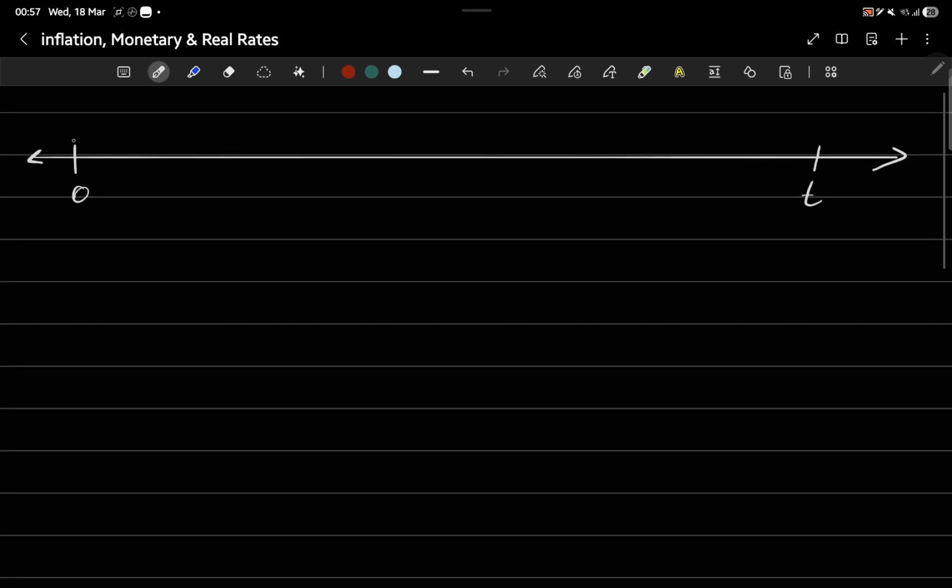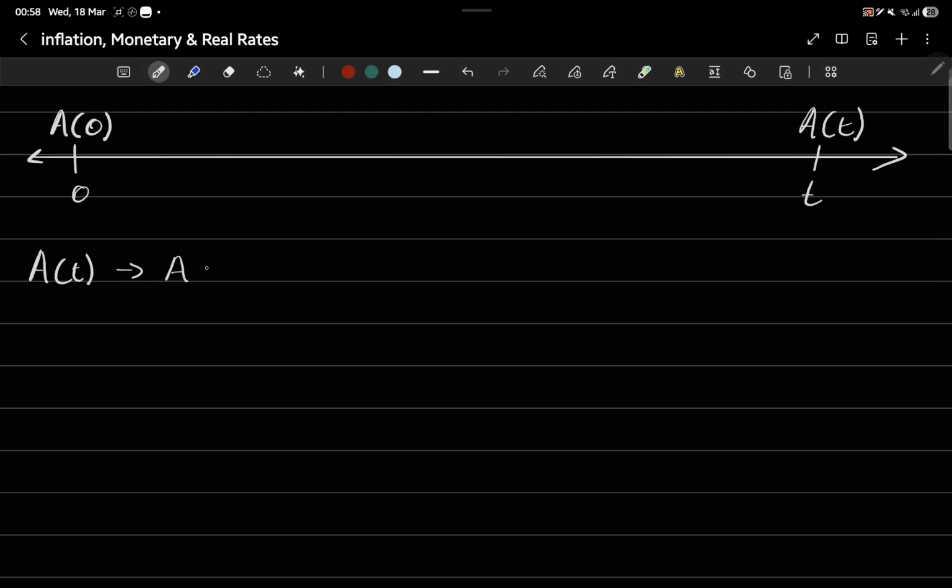And at time 0 we have an amount, we'll say A0, and at time t we have a future amount, we'll say At. Now At is the accumulated amount at time t.